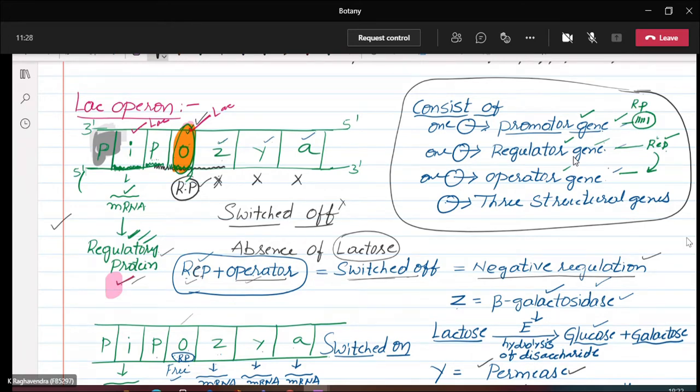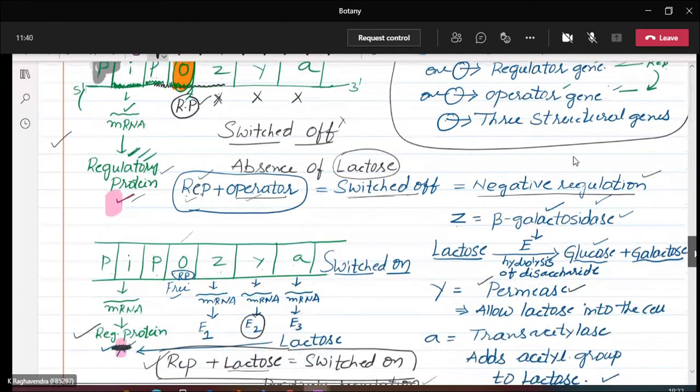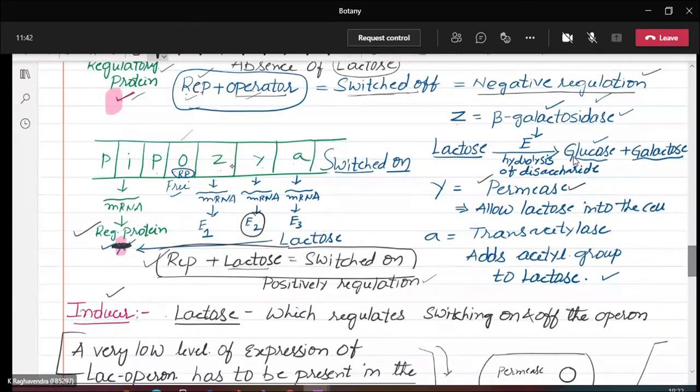Right? Then we'll start discussing structural genes. I am just revising once again for your information. There are three structural genes you can see here, Z, Y, A. Z gene is a structural gene which codes for an enzyme beta galactosidase.